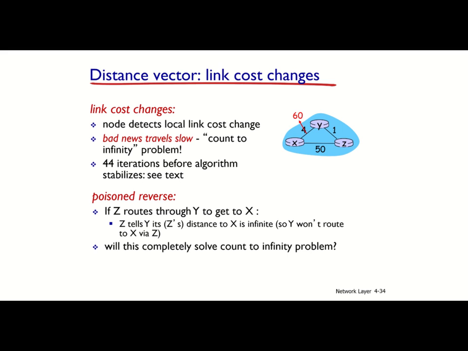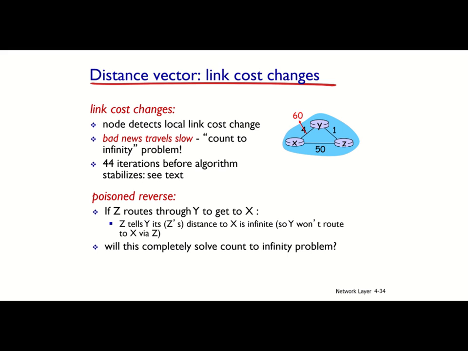When the cost increases substantially in a link like this in a network, it takes the distance vector algorithm 44 iterations before the algorithm stabilizes and no more messages get exchanged.